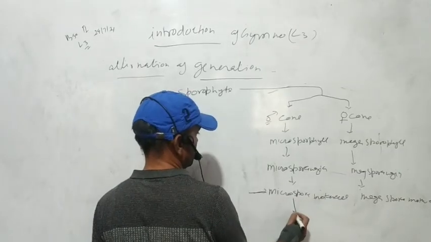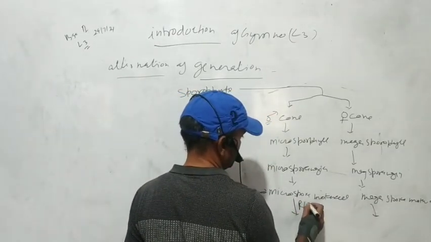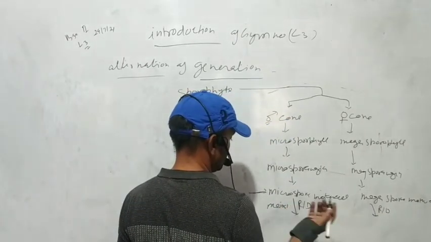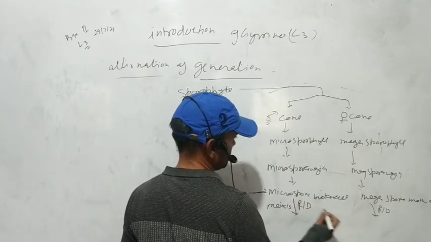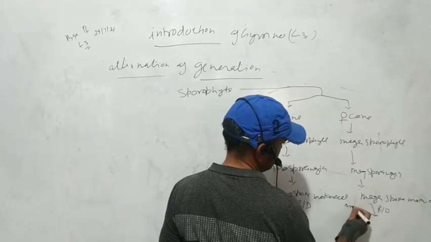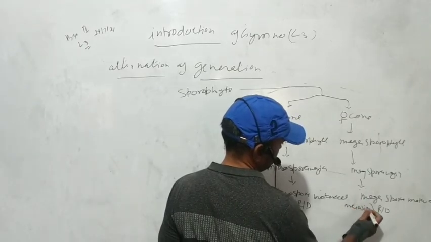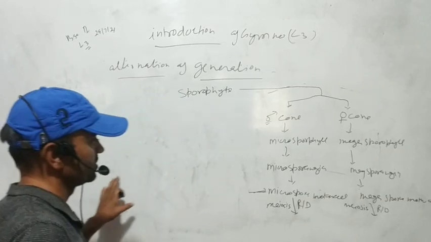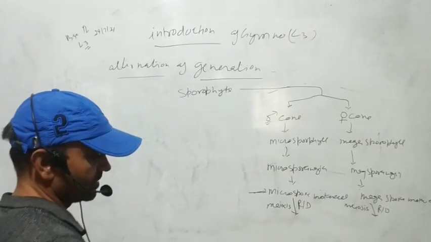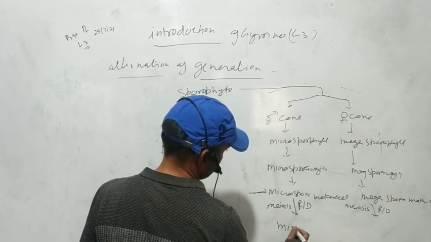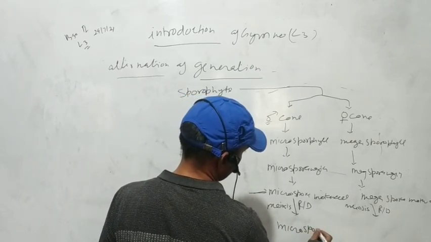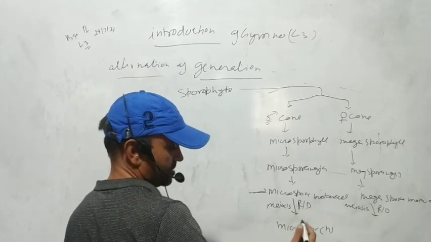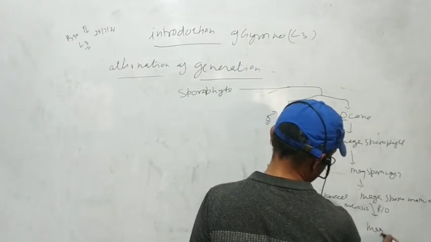When both go into reductional division, also we can say meiosis, same condition, RD or meiosis, only one point. So here the formation of microspores, which are haploid in chromosome number, while these are diploid. Here also megaspore.